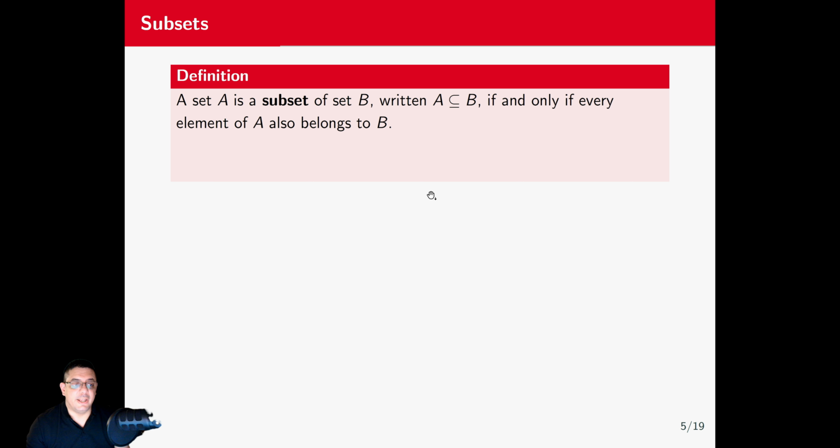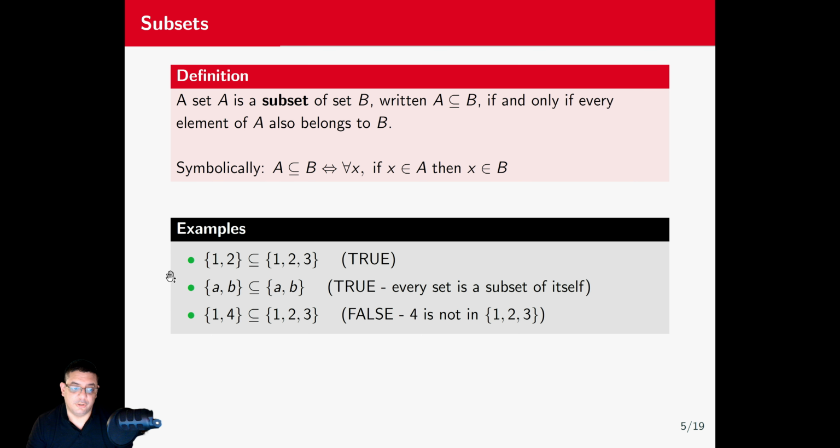Now let's talk about subsets. Once again, a set A is a subset of a set B, written A ⊆ B, if and only if every element of A is also an element of B. Symbolically, this means that A ⊆ B if for all x that belongs to A, then x belongs to B. Some examples of this: the set {1, 2} is a subset of the set {1, 2, 3}.